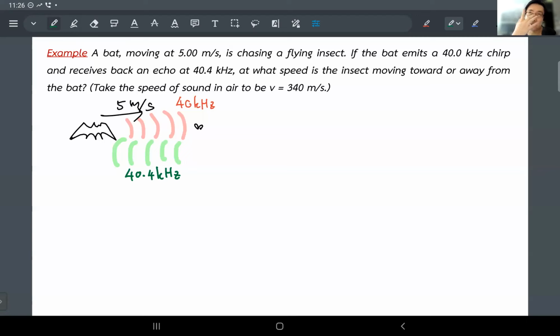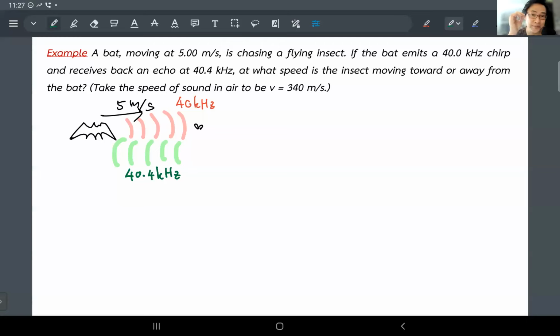In general, every time you do the Doppler effect, you need the source and you need the observer. But from the look of this one, the bat is both source and observer. So there must be something that allows you to do the calculation here. Isn't it interesting? And whatever you're thinking is correct.